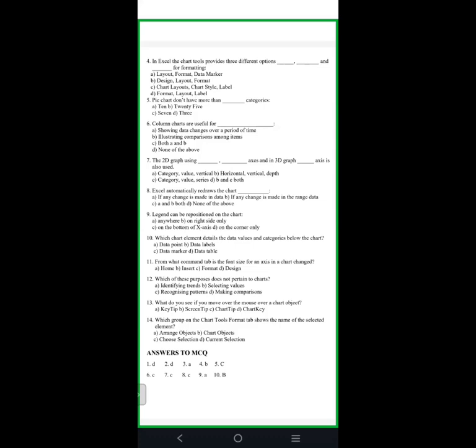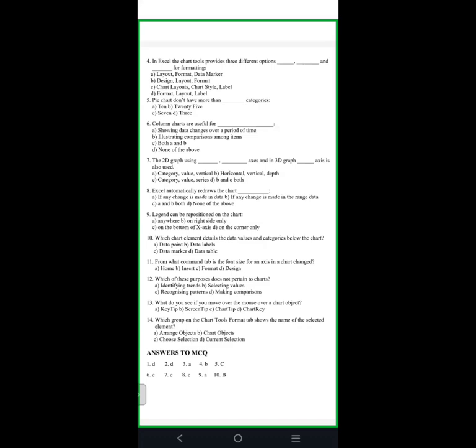Category, values, then series axis is used. Excel automatically redraws the chart dash if any change is made in data or in the range of data.